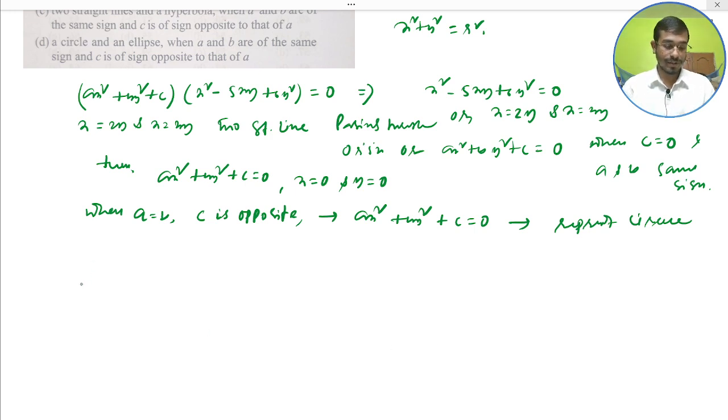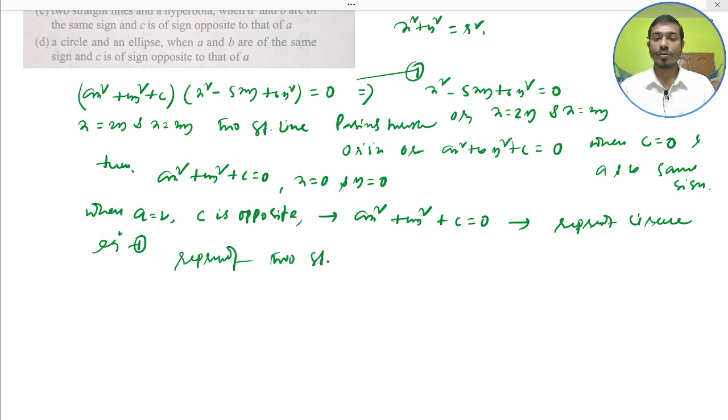Hence the given equation, the equation number 1, represents two straight lines and a circle.